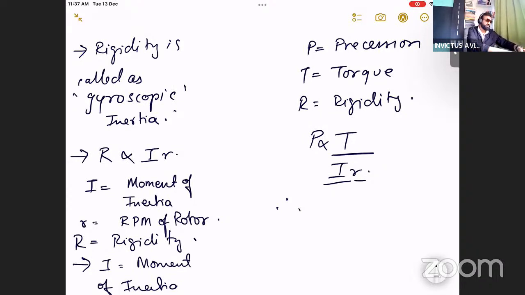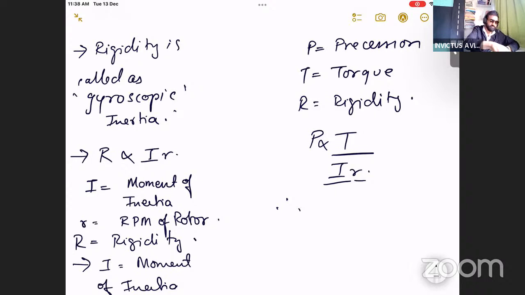The rate of precession is directly proportional to the applied torque, and inversely proportional to the moment of inertia and the rotor RPM rate.